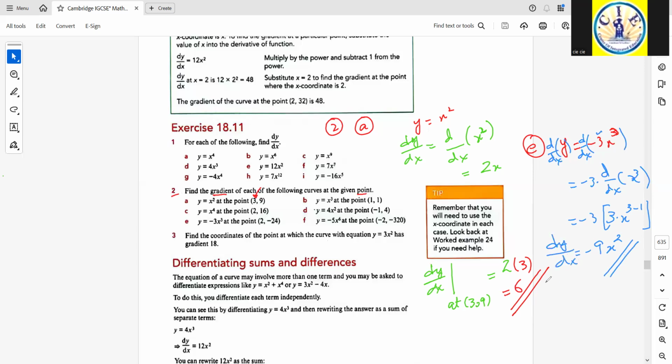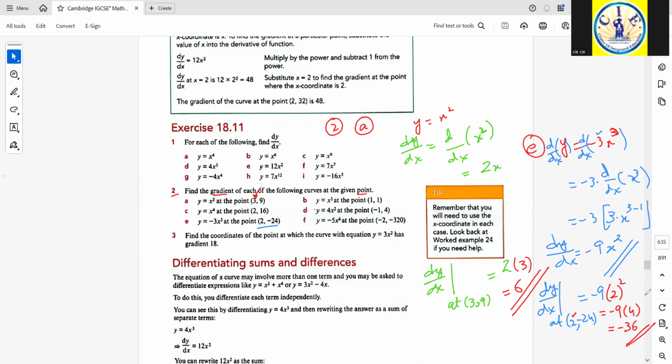So that is the derivative now. And now we need to calculate this derivative at the point 2, negative 24. So derivative at 2, negative 24, that is negative 9x squared. And now I need to replace for x this x coordinate, that is 2, which will give us negative 9 times 4, negative 36.